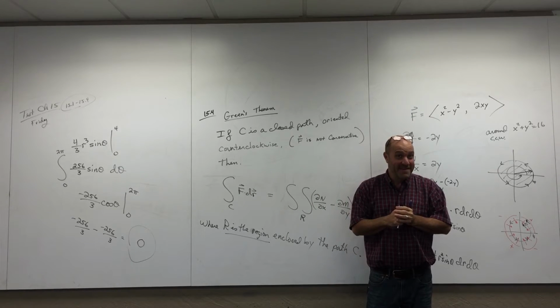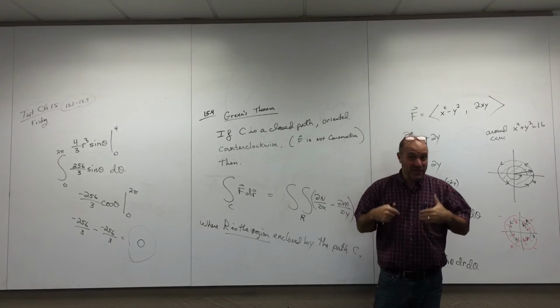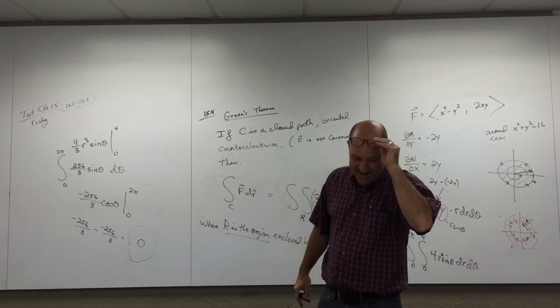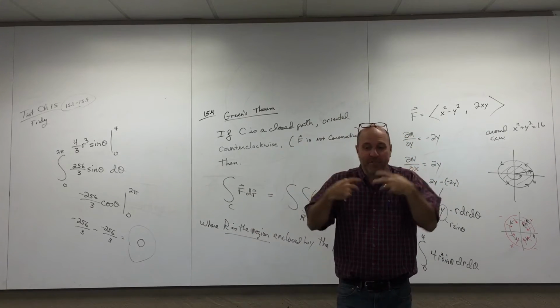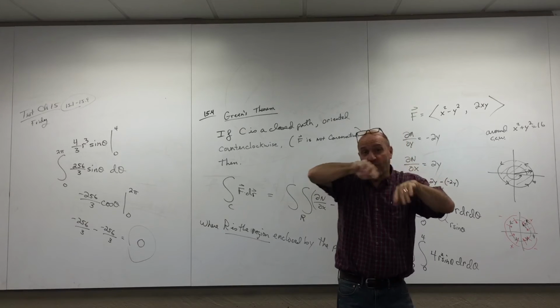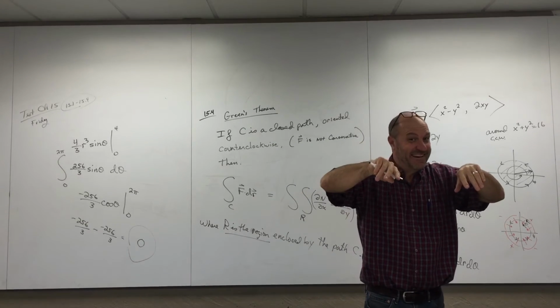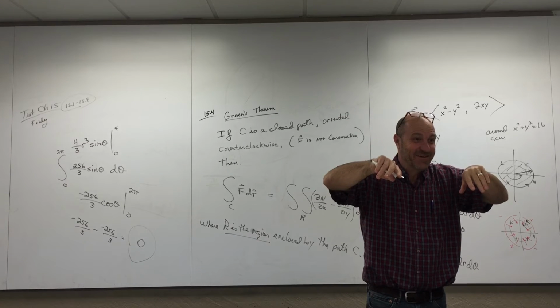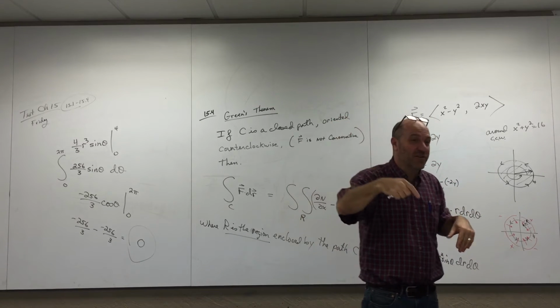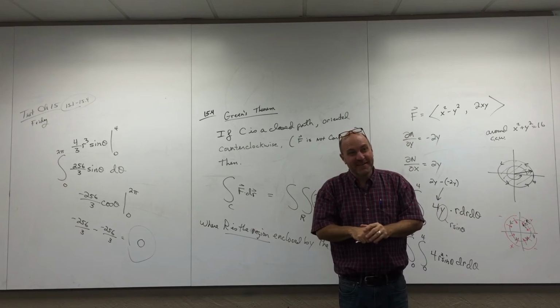And it's the work done by the force field on the particle. Sometimes I feel like I'm the little particle and I'm swimming through this force field. How much work does it take me to swim through here? But that ain't really the right way to think of it, it's the other way around. It's the work done by the force field on the particle.